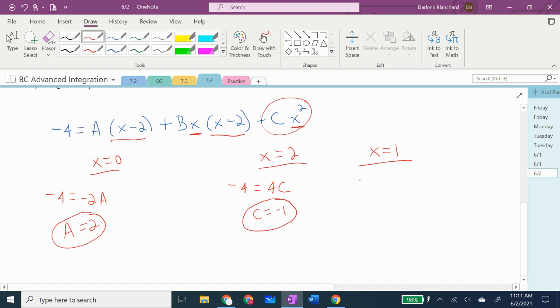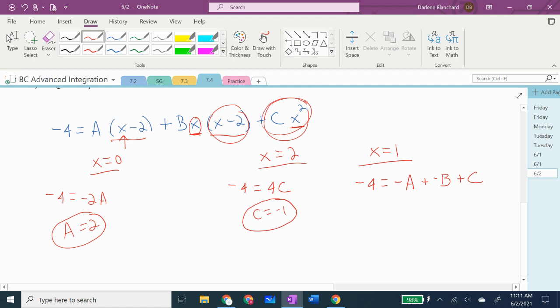I get -4 equals, and plugging in 1, I have a times -1 plus b times 1 times -1 plus c times 1.